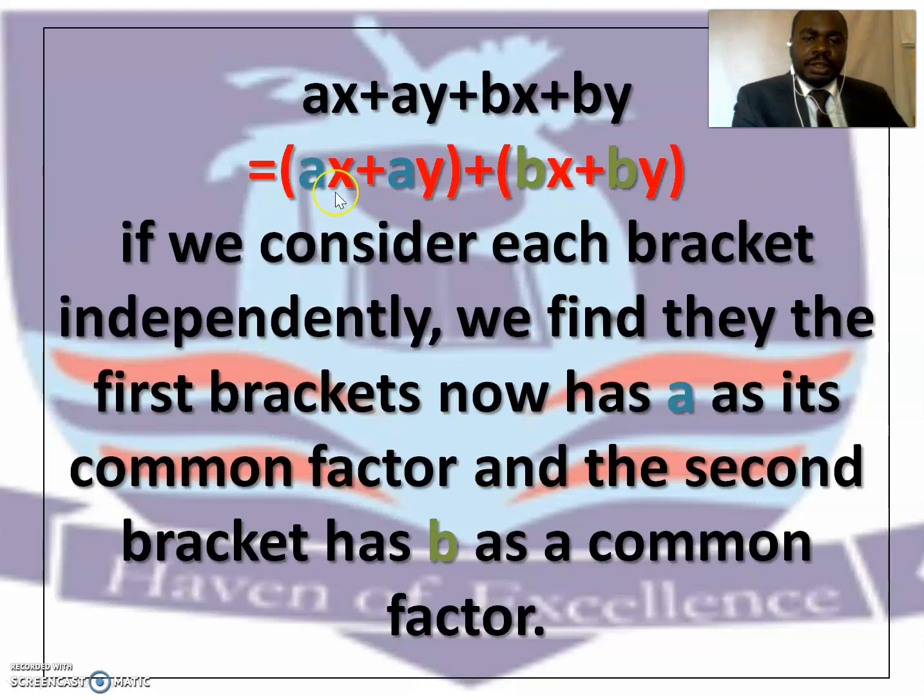What do I mean by grouping? Separate the first two with a bracket and the second two with a bracket, depending on the type of expressions you have. After separating them in this form, we can now see that a is a common factor here and b is a common factor here. It becomes a simple thing to factorize a out of this expression and factorize b out of this expression.